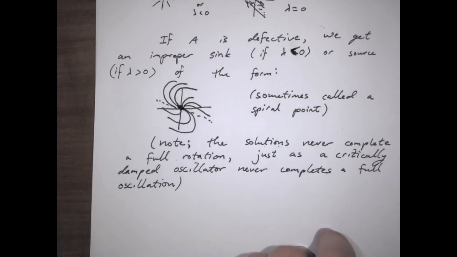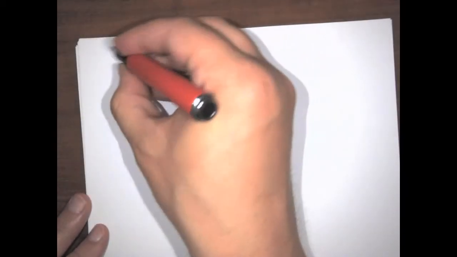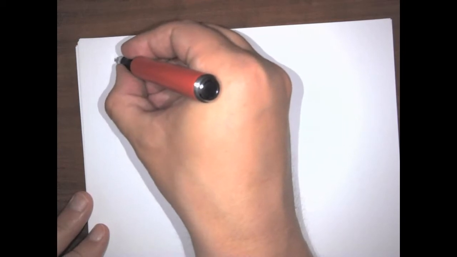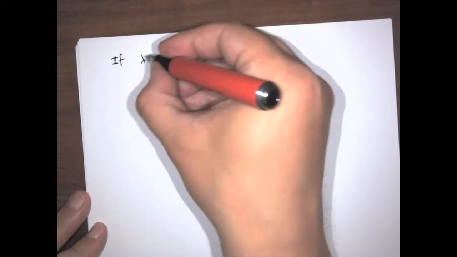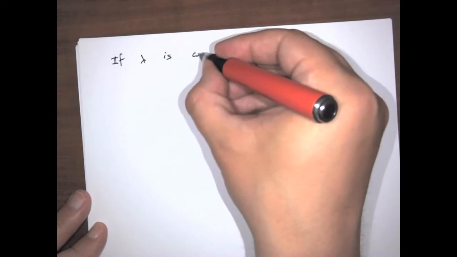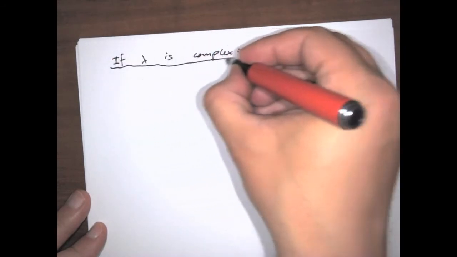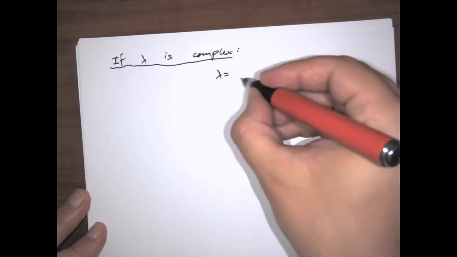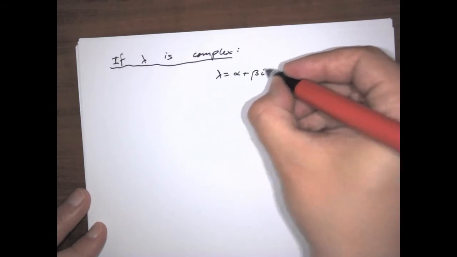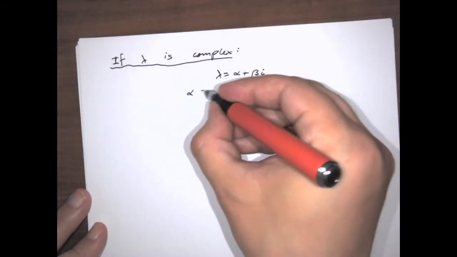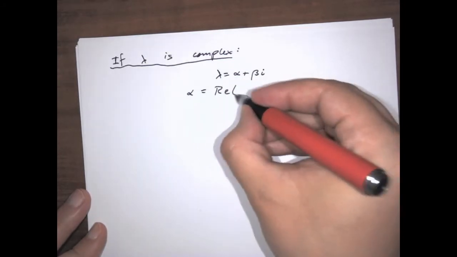And then if lambda is complex, that's when you get a legitimate spiral. So a legitimate spiral sink or spiral source, as opposed to just these spiral points, comes from the case where lambda is complex. So if lambda is complex, then lambda equals alpha plus beta i. Alpha is equal to the real part of lambda.